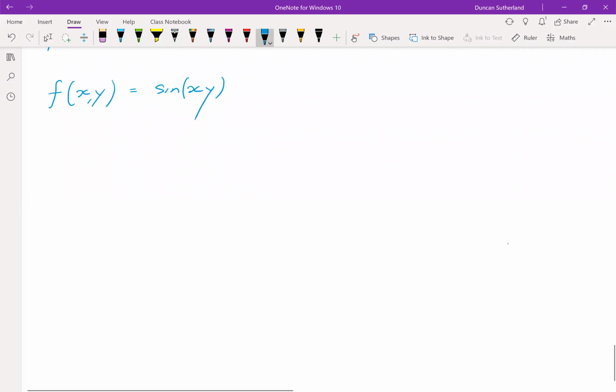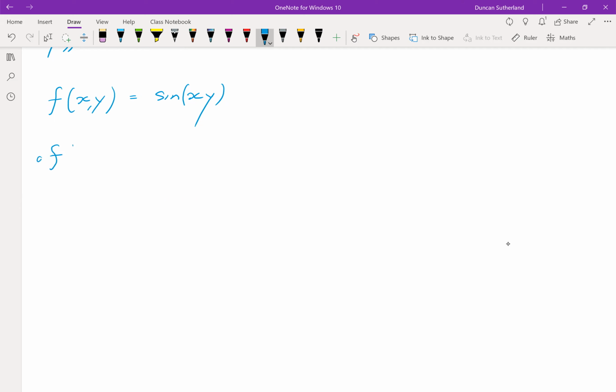All right, so now we're going to find the first partial derivative with respect to x for this function. Remember, we've got the function of a function rule. You've got to differentiate the function with respect to the argument and then multiply by the derivative of the argument.